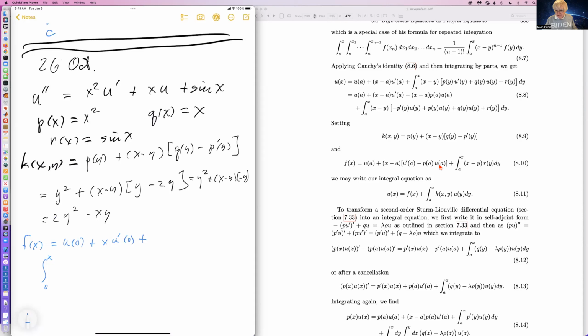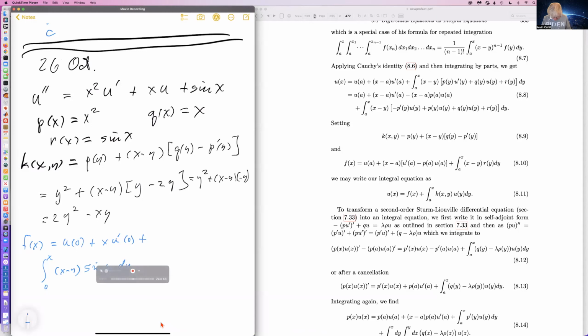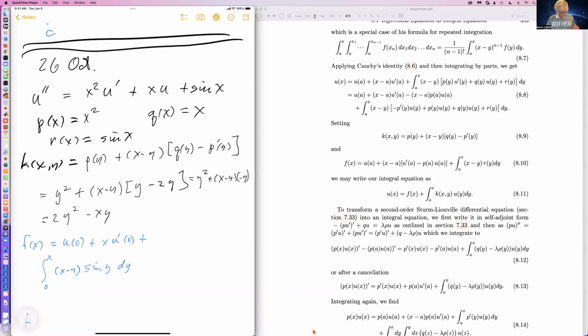So f of x is these terms that I've written down, and then it's an integral of x minus y times r of y. And r in this particular case is the sine function, so this is sine of y dy. Now, this last integral you can do. I frankly used Mathematica to do it.